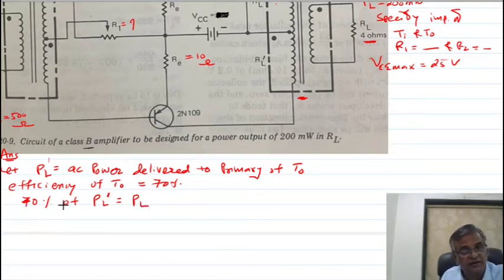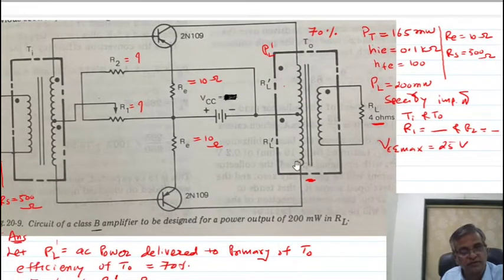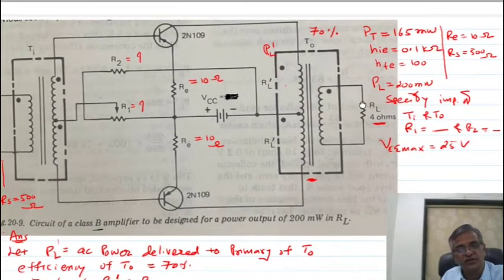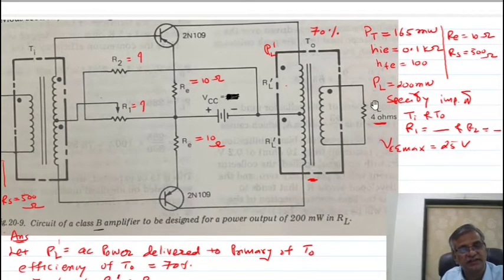Whatever power is dissipated here, 70% of it is converted into AC power at the secondary, and the remaining 30% is wastage.